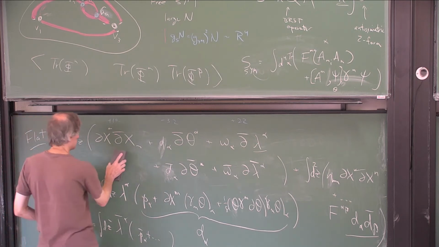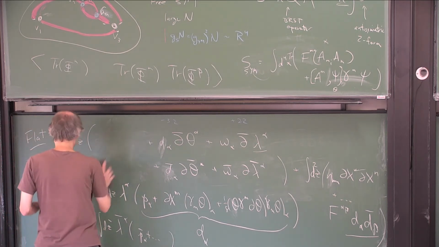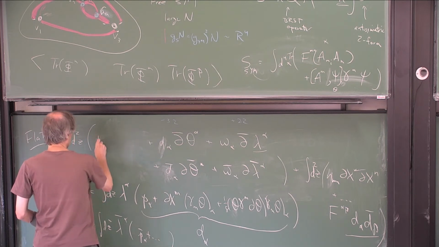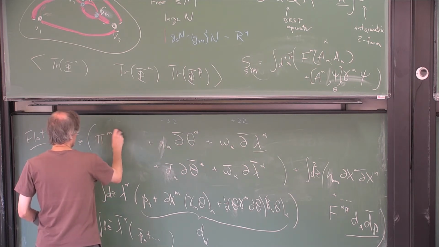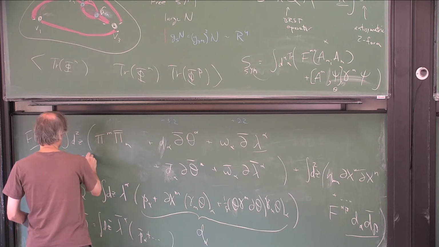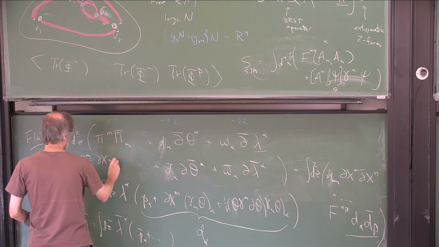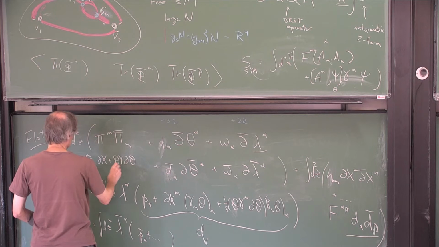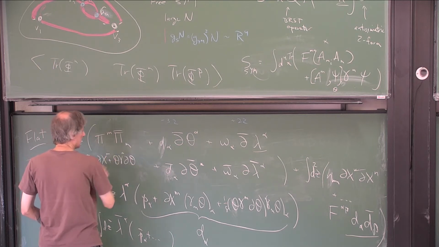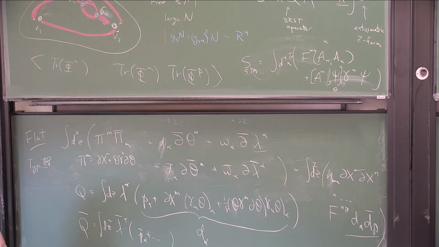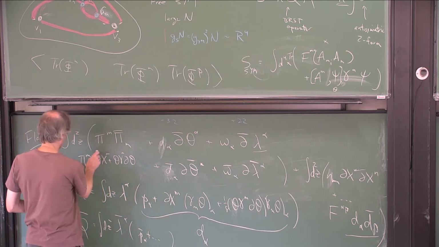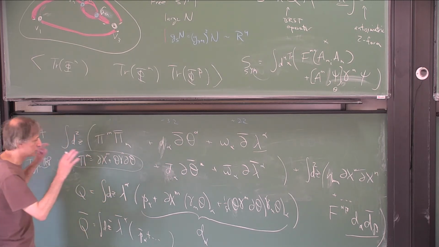So you can write these objects, more carefully, as pi^m, pi bar^m. The pi^m is the supersymmetric version of dx. So these are details, but I don't think these details are so relevant at the moment.